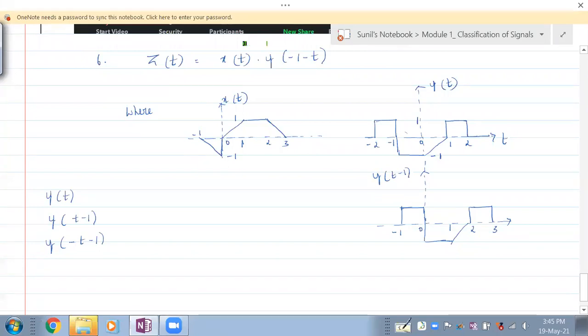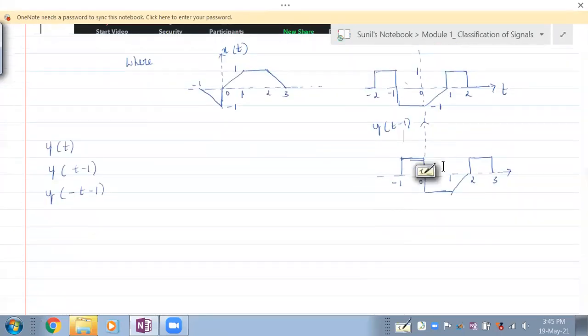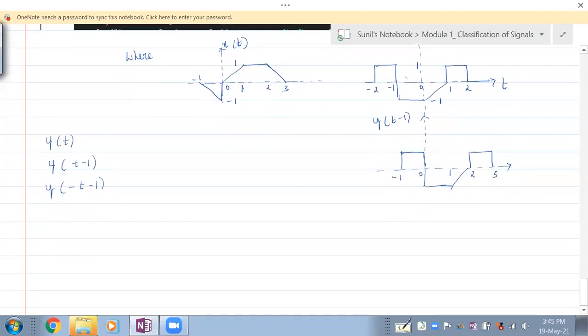Now we need to take the reflection of this. So how to take the reflection of this? Taking the reflection is like this.